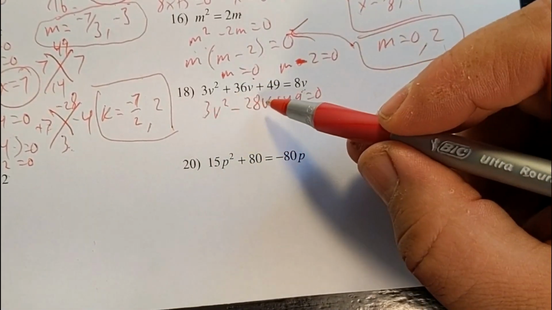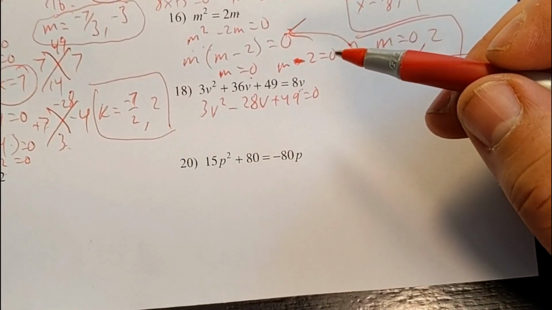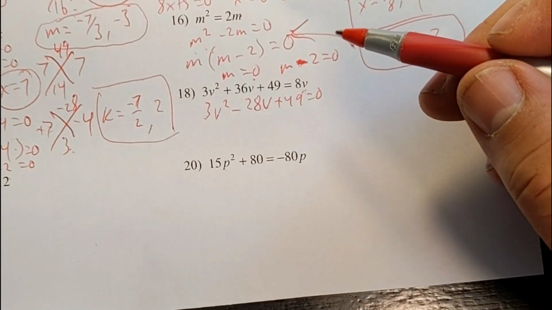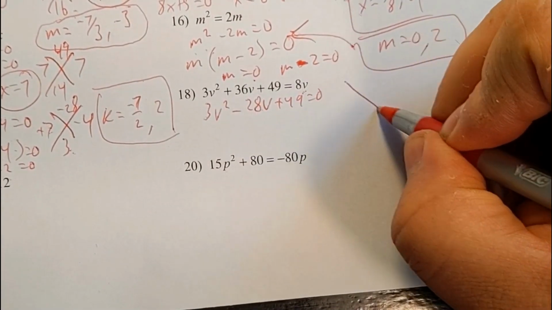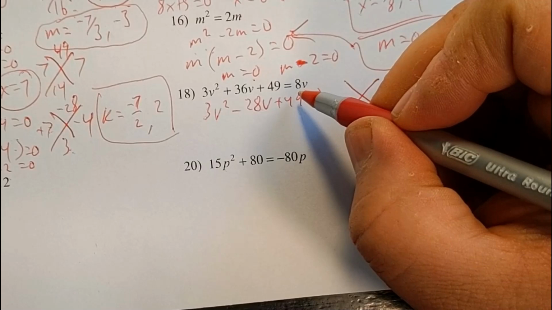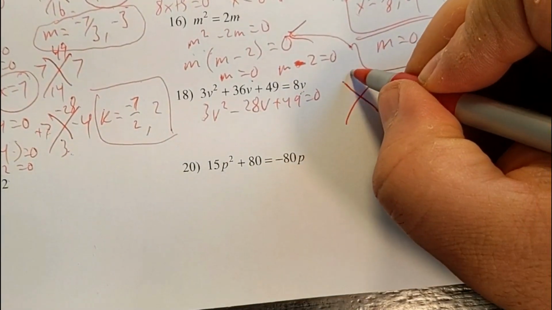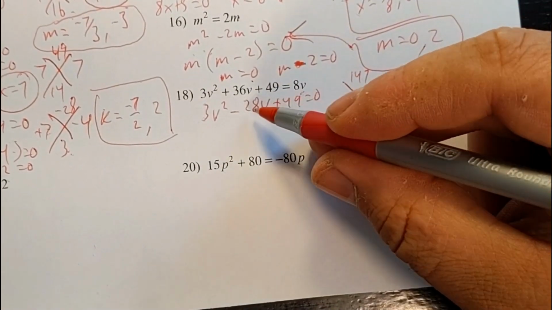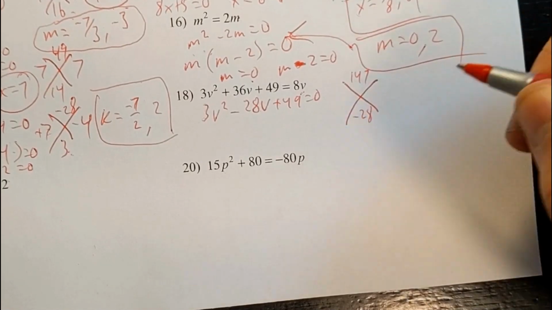After that, 3 and 28 and 49 don't have anything in common that you can factor out of them. Set up your x. 3 times 49 is 147. And then this negative 28 comes down to the bottom.